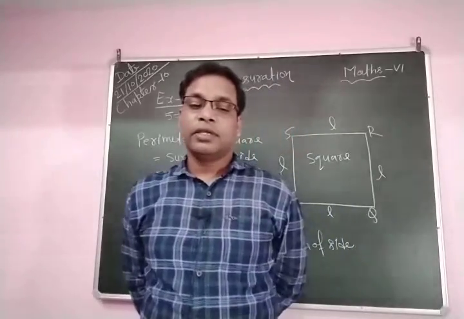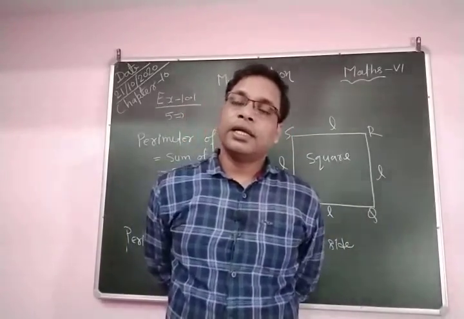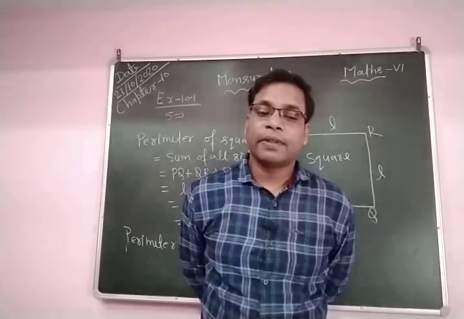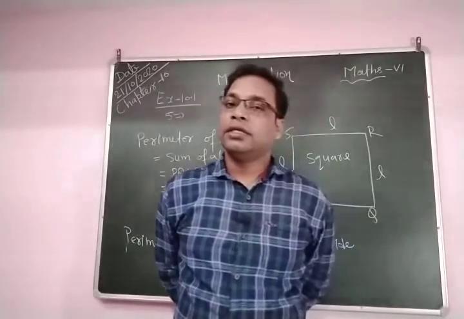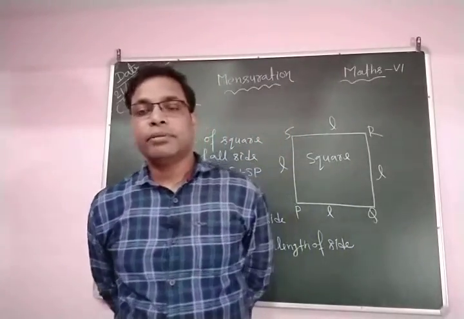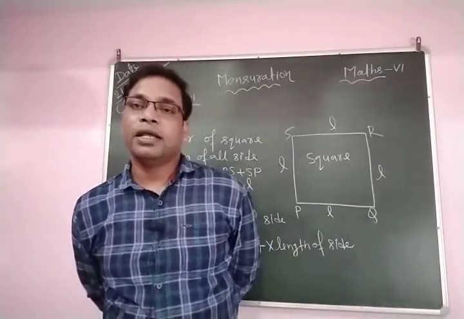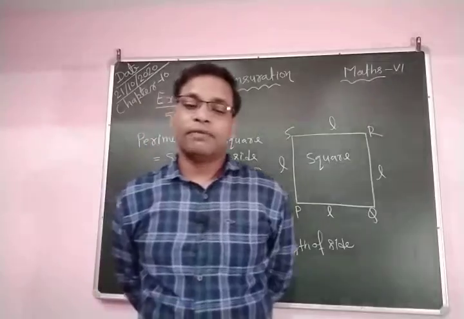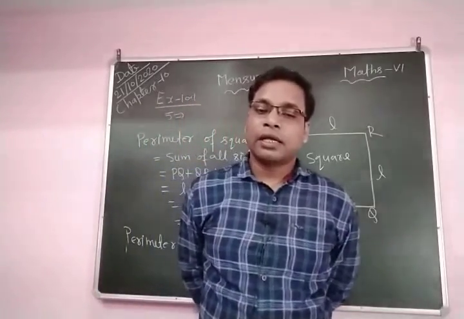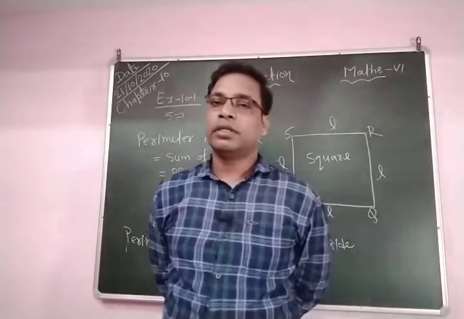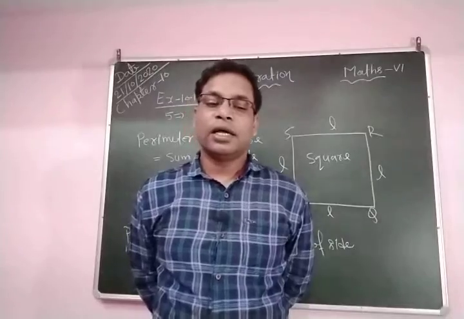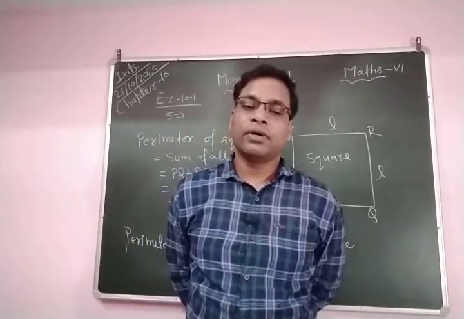So here you can see the length of the piece of land is 0.7 kilometer, and the breadth of the piece of land is given as 0.5 kilometer.